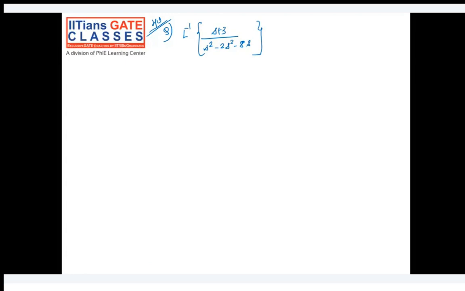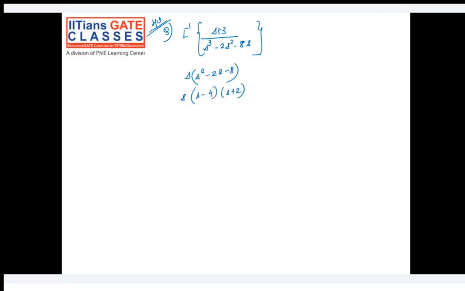So in denominator, if you take s common, what will happen? If you take s common, s square minus 2s minus 8 will remain in the denominator. And then can you break it like this? S minus 4 and s plus 2. You can break it, right?